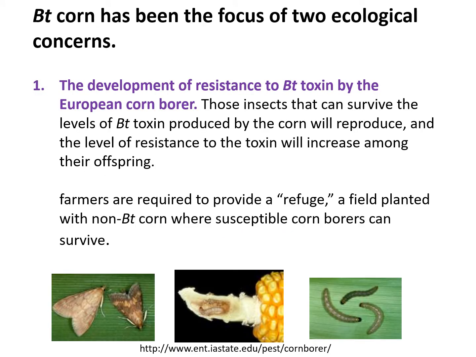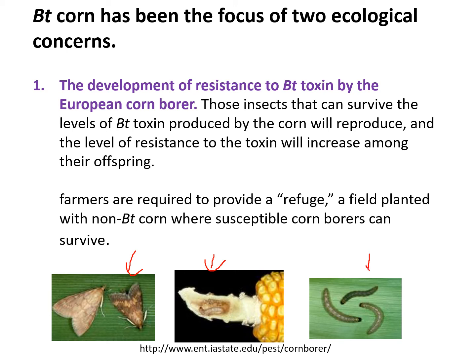One of the issues that has been a problem in the past is with BT corn. BT corn is a genetically modified corn that has a pesticide in it that kills the corn borer. This is a moth, and it lays its eggs inside the corn.